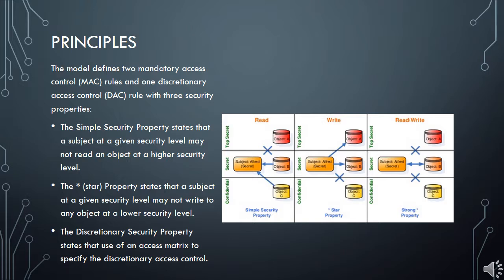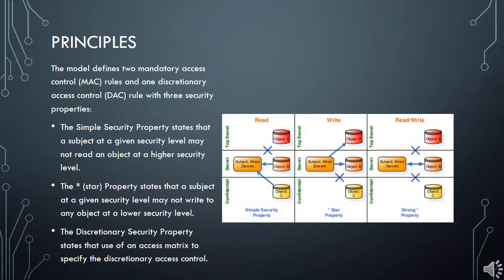The model defines two mandatory access control rules and one discretionary access control rule. The Bell-LaPadula model has three security properties.